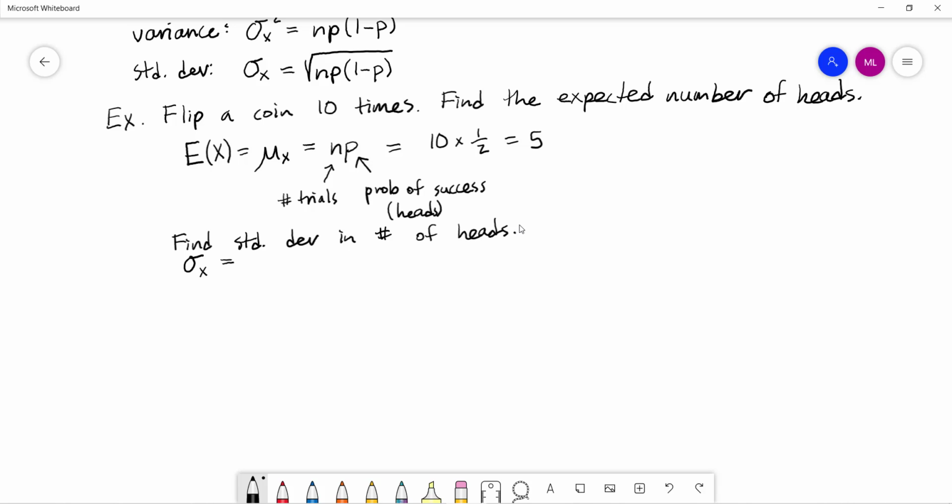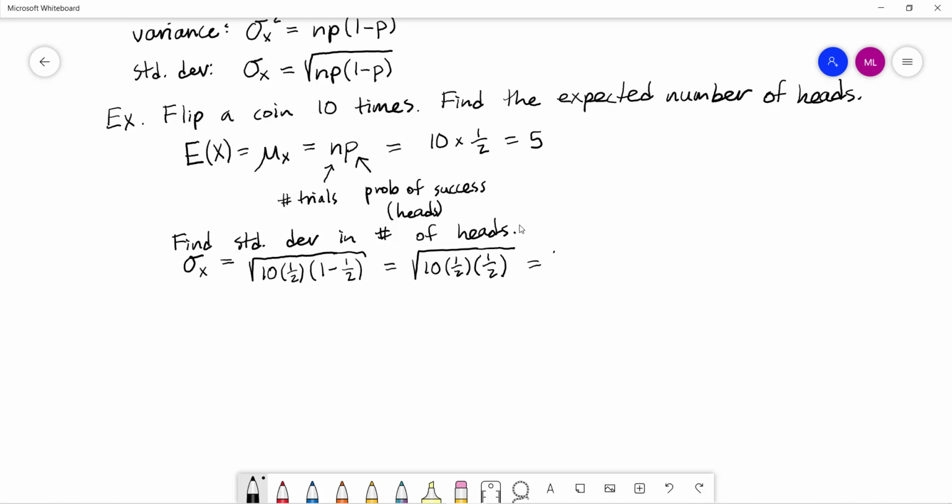And we can figure that out by just plugging in. So I'll plug into the formula. N times P is 10 times a half times 1 minus P, which is 1 minus 1 half. So I've got the square root of 10 times a half, and the 1 minus half was also a half. If I multiply these all together, a half times a half is a fourth.